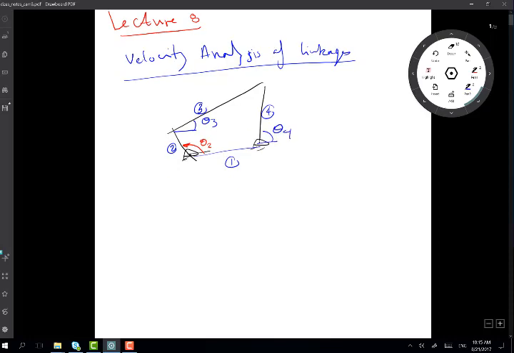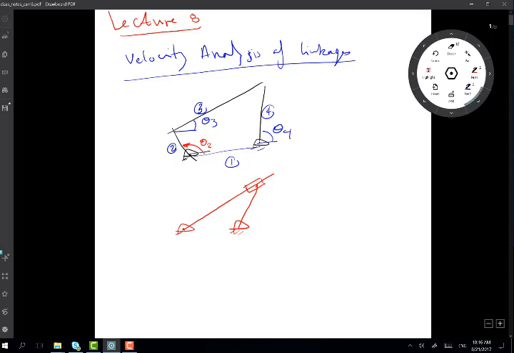And if I had a slider, I'd also be trying to find the position of the slider on the link on which sliding occurs.